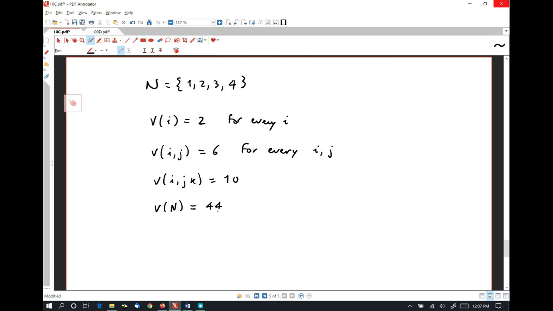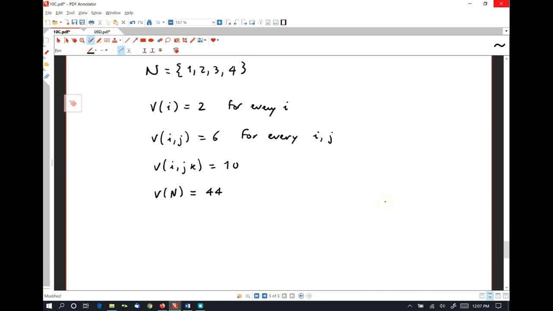Do we want to embark on a whole lot of computations? And the answer is no need to, because any 2 players are interchangeable. So then what does the Shapley value say?